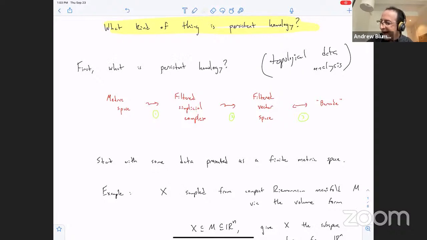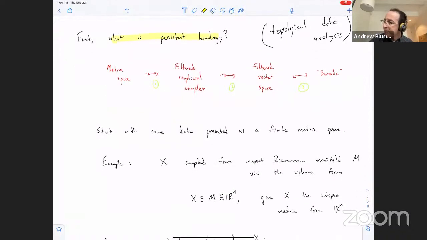What is persistent homology? Topological data analysis can mean many things, but certainly one very strong thread of work surrounds this idea of taking a sort of homology of a filtered complex. And that's what I want to talk about today. There's a pipeline, which is that you start with your data presented as some kind of finite metric space.